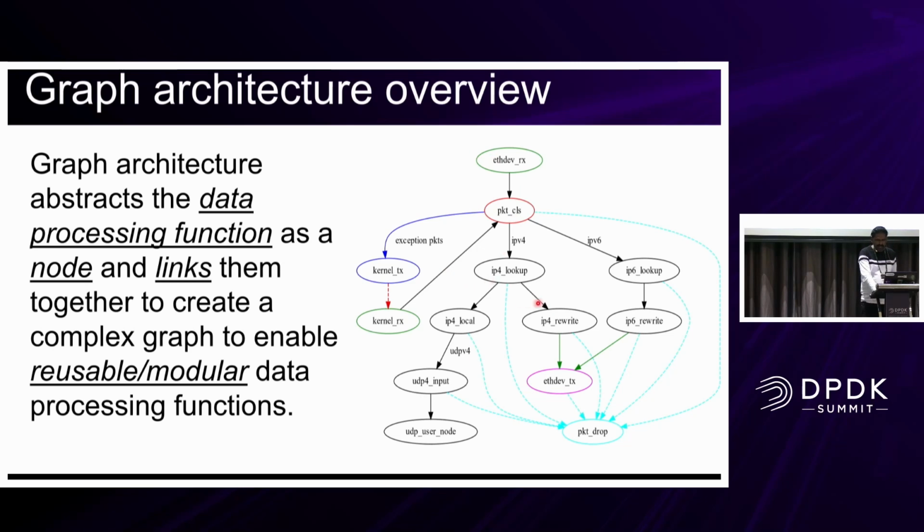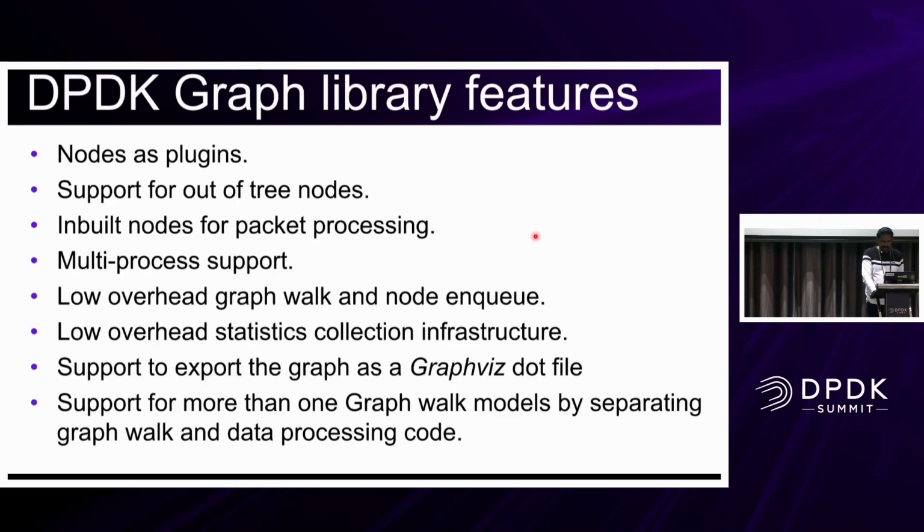If you see this graph, these are the different packet processing nodes. I will explain it later, but at a high level, this is the architecture. Now it comes to the graph library.